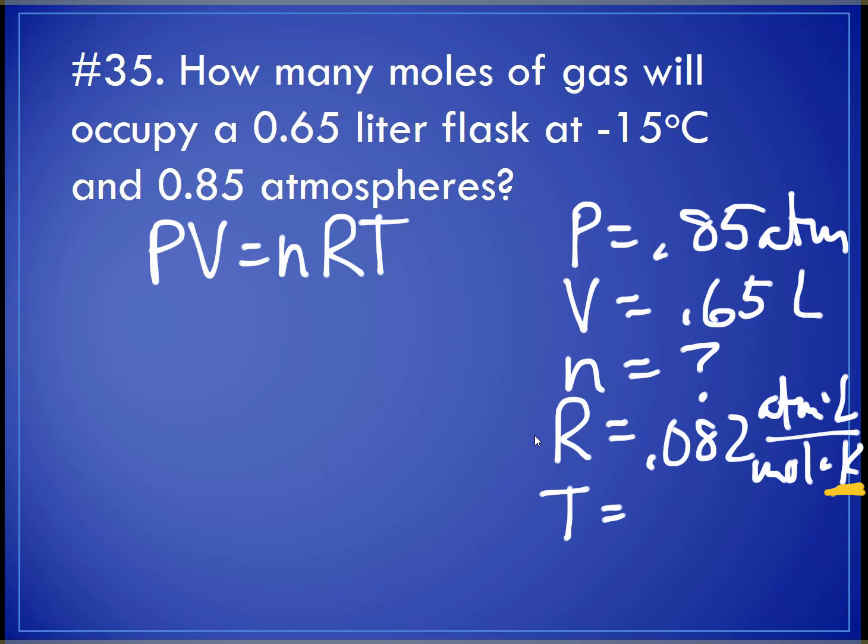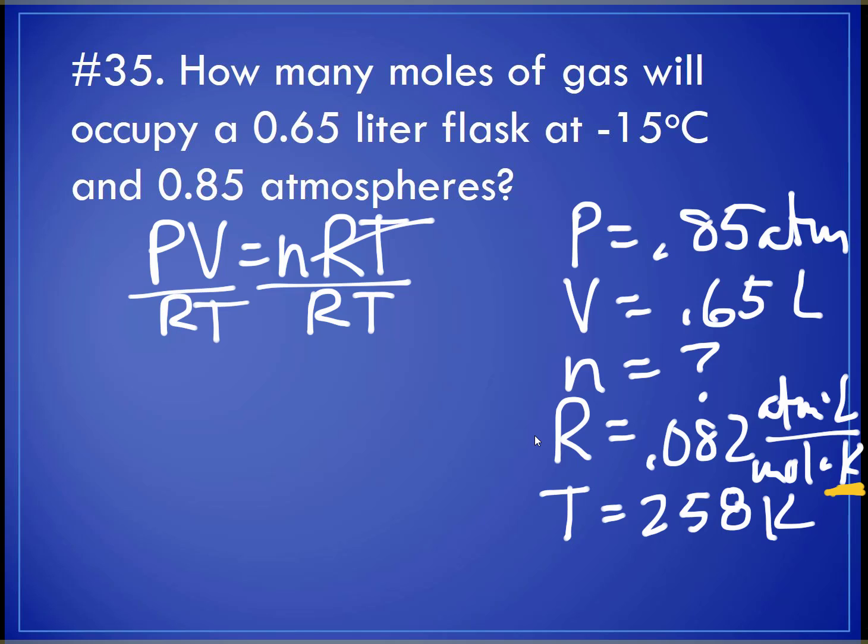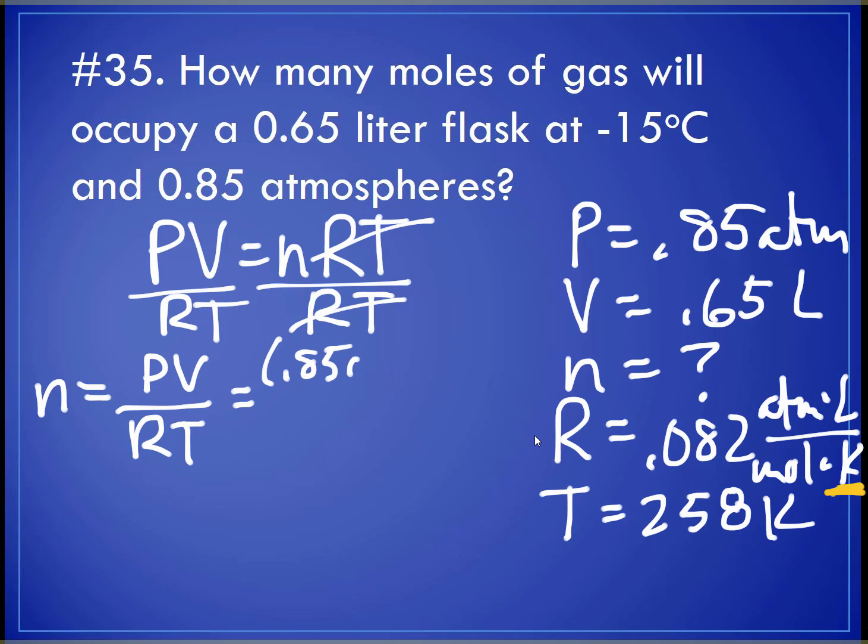So remember, our gas law constant is in Kelvin, so we do need to change it. So there's that Kelvin unit. So I need to do 273 minus 15, and my value is 258. So let's solve for n. So I'm going to divide each side by R times T. So n is equal to P times V over R times T. And I can plug in our values, so 0.85 atmospheres.